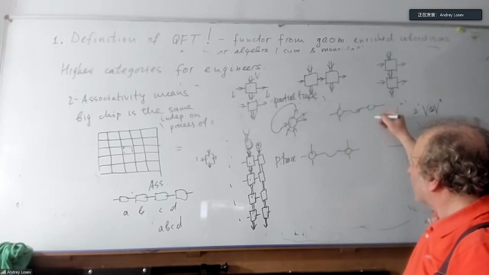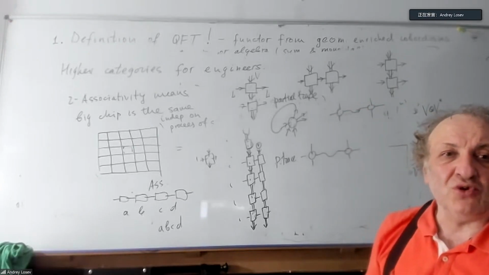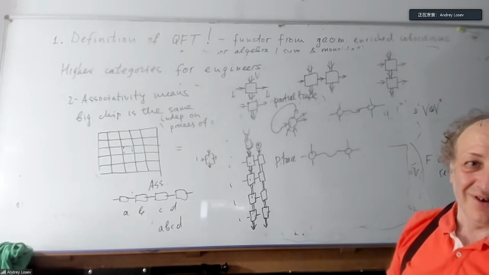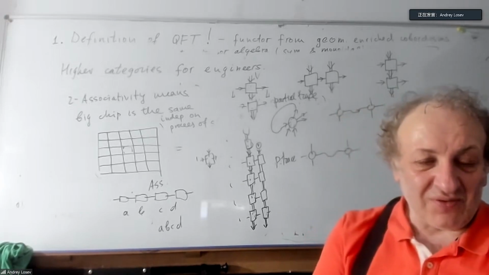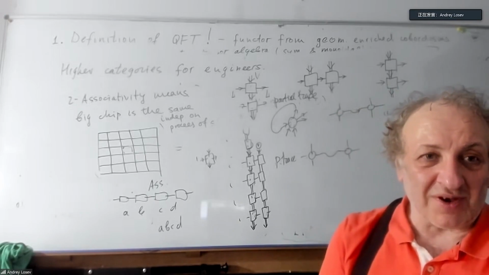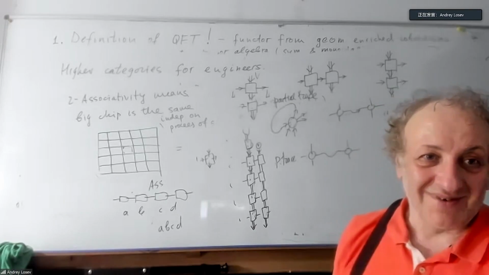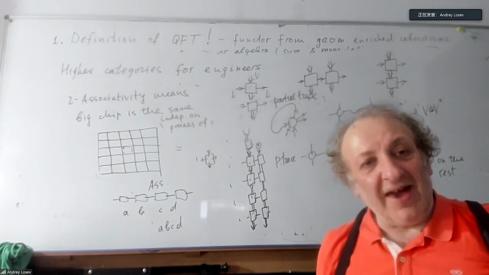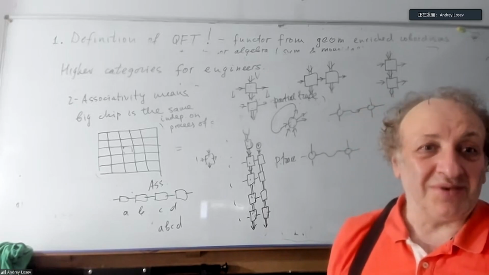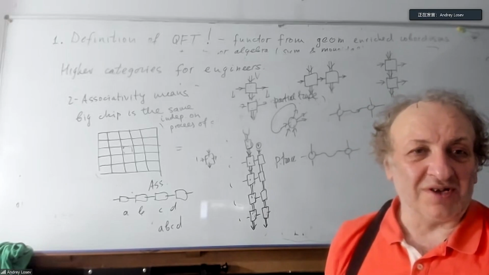But if you have extra lines, when you are taking this thing, you are getting a new chip. You can go to your radio engineer friends that are doing electronics, and they will tell you, if you take one chip, if you take another chip, and if you join them together, okay, you will not get the same chip. It's impossible. The only thing that you can say, that if you have any chip and any other chip, that sometimes you can make a new chip by gluing something with something.